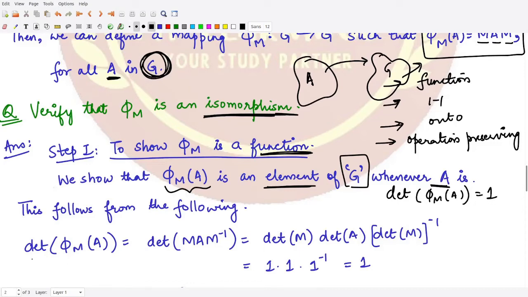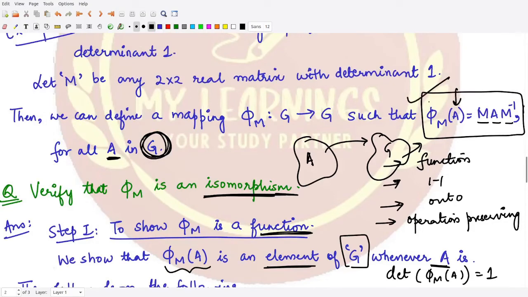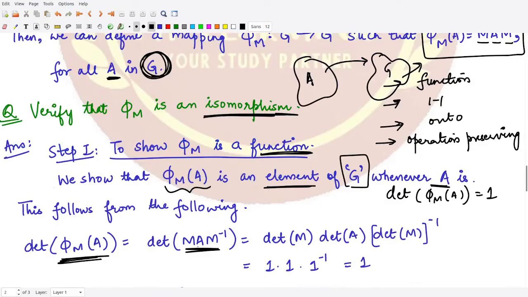So let's take the determinant of phi M of A. What is phi M of A? It is M A M inverse according to the definition that we have defined over here. So the determinant of M A M inverse is evaluated when we separate out the terms. It will give us the determinant of M, the determinant of A, and the determinant of M inverse.